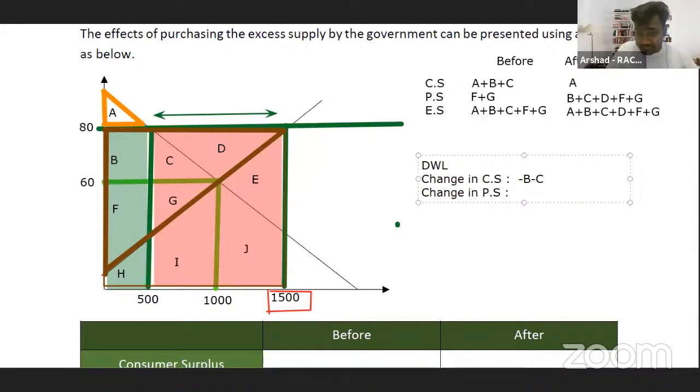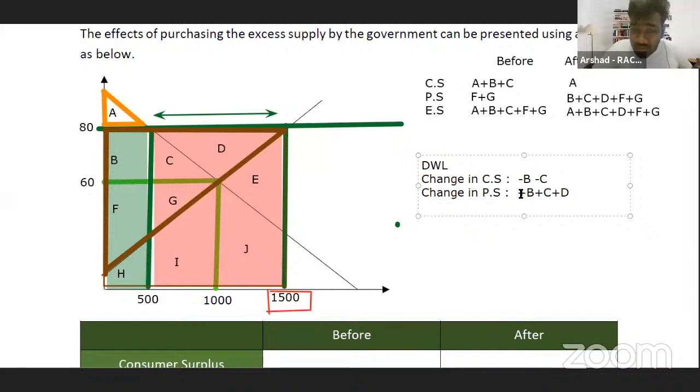He is getting plus B, plus C, and plus D, right? Is that it? Is there some other thing that we have to include when calculating deadweight loss? Yes, there is another thing.